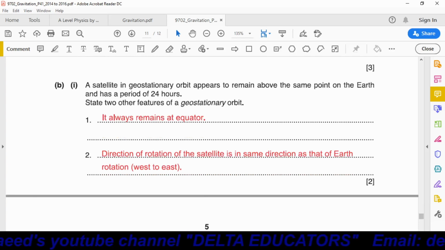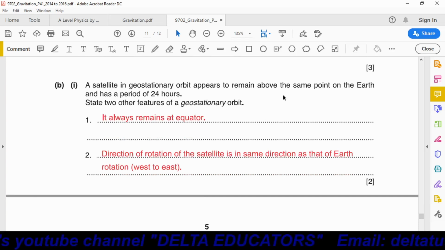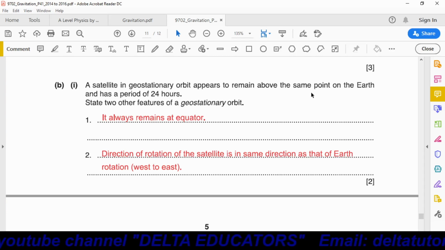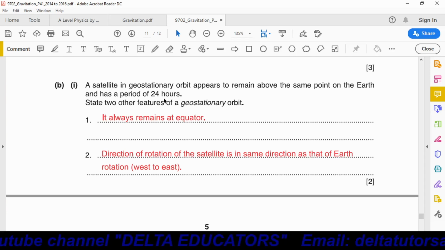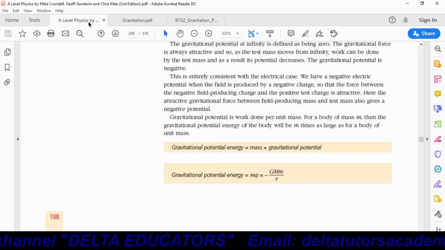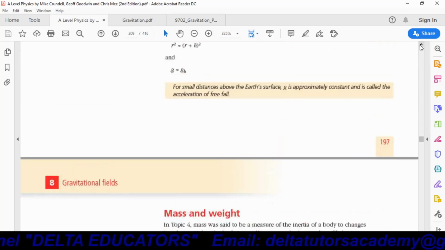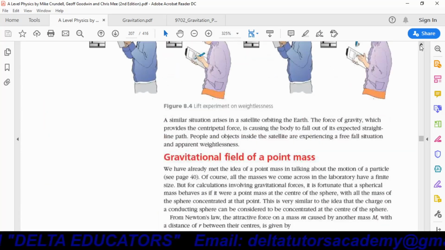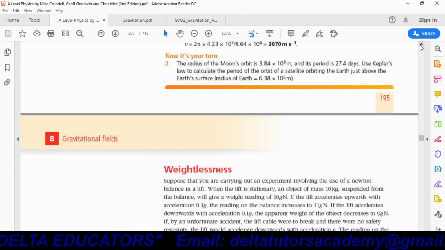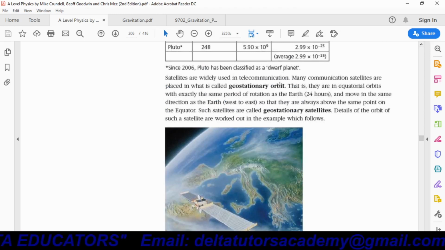A satellite in geostationary orbit appears to remain above the same point on the Earth and has a period of 24 hours. State two other features of geostationary orbit. What are the conditions of geostationary orbit? There are three conditions.